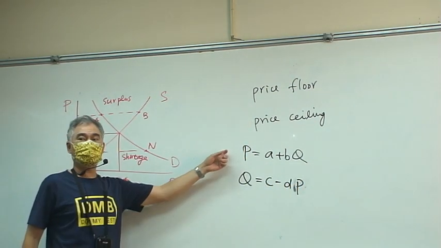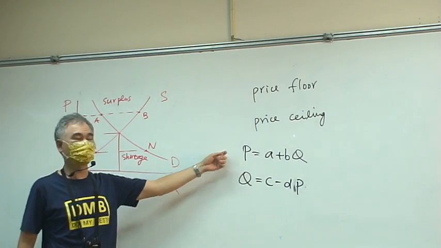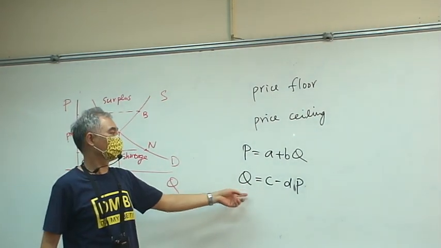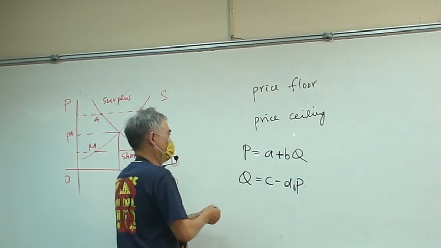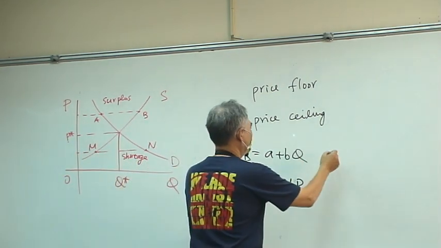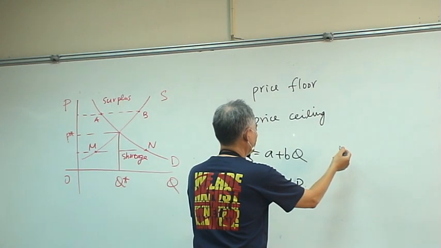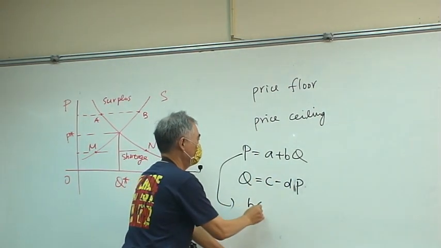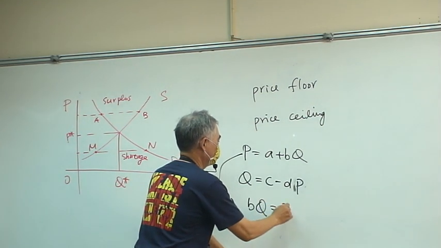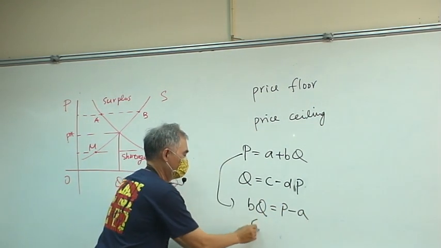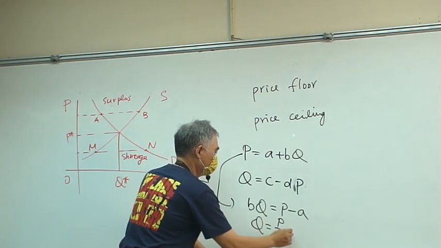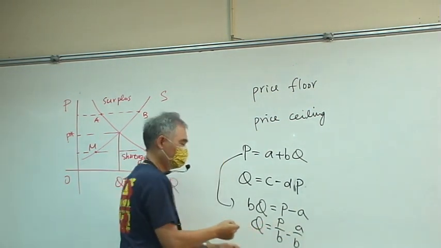So this will be a supply function. This will be a demand function. And so the way to solve it is, okay, try this. So you have BQ is equal to P minus A, right? And then Q is equal to P over B minus A over B.